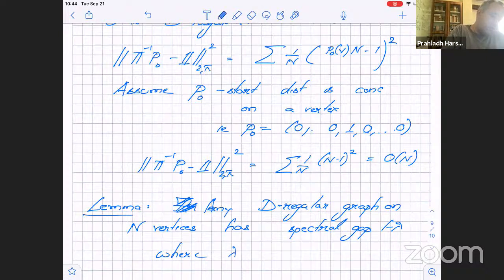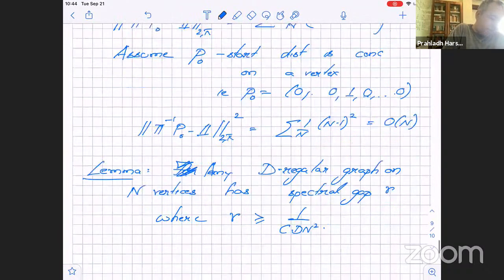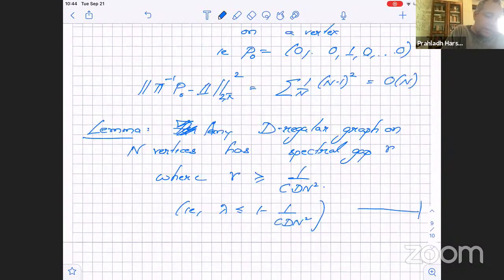I want to write it as spectral gap gamma, where gamma is at least 1 by some constant times d n square. That is, lambda is less than or equal to 1 minus 1 over c d n square. So all I'm claiming is that for any graph you take, the spectral gap is at least 1 over d n square.